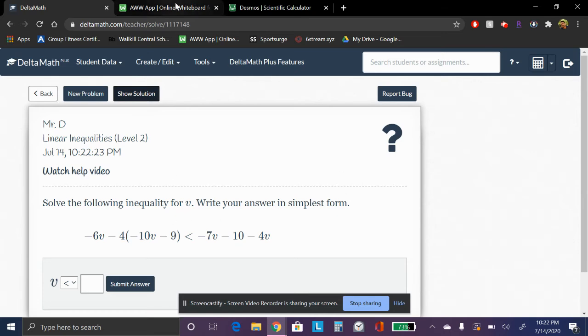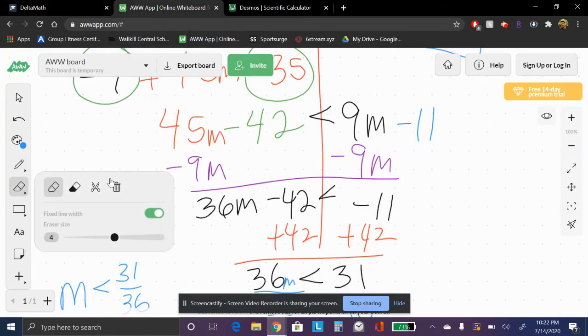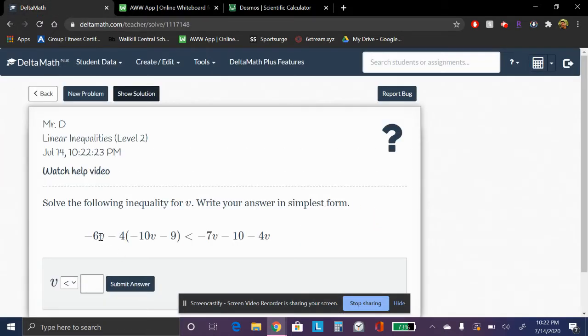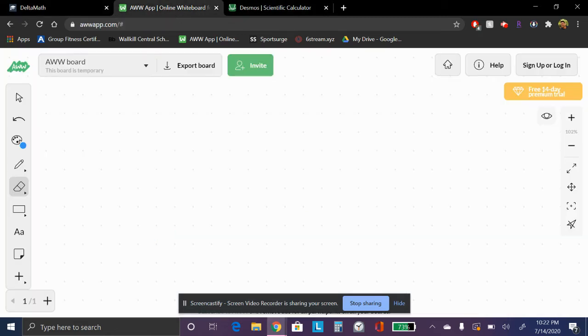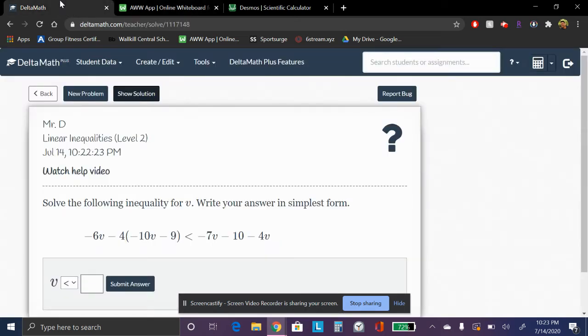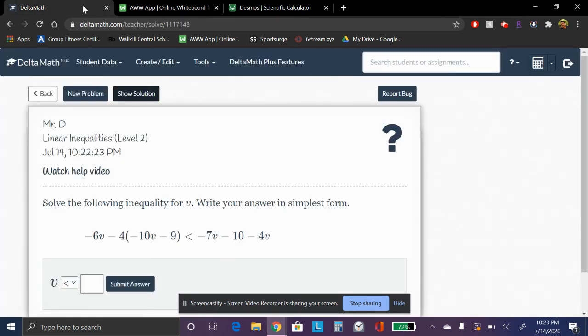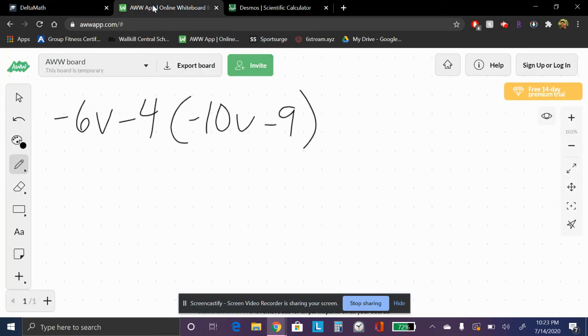All right, so I'm going to write this problem down. Negative 6v minus 4, and negative 10v minus 9, less than negative 7v minus 10 minus 4v.